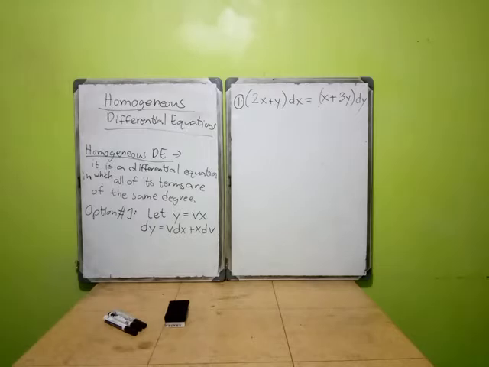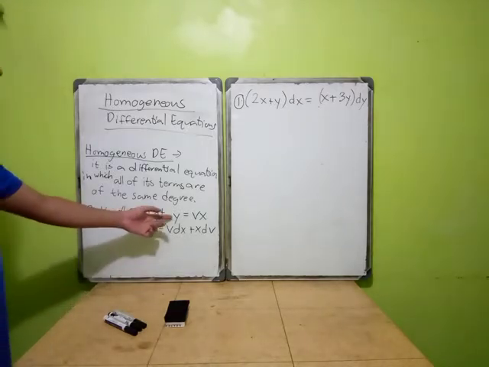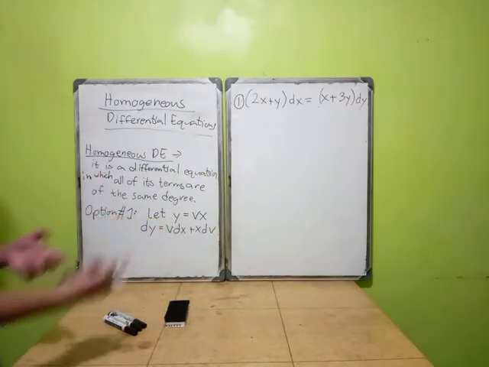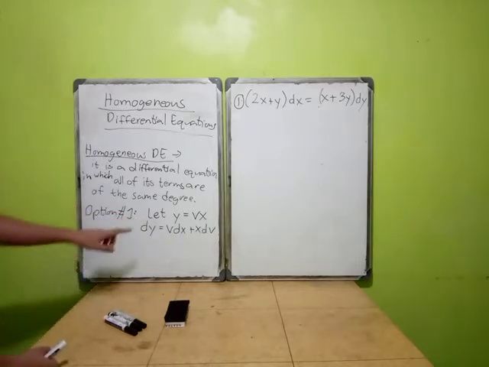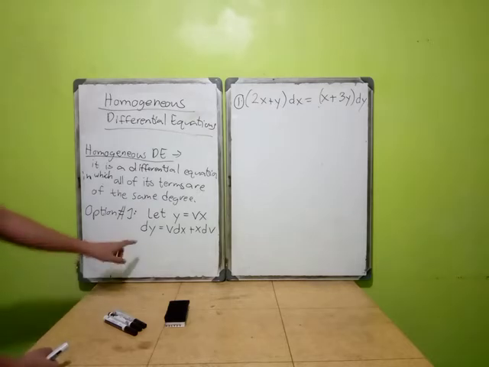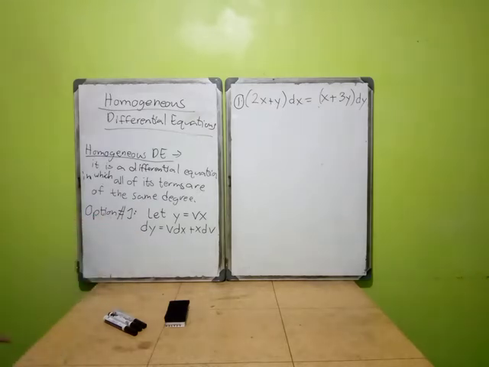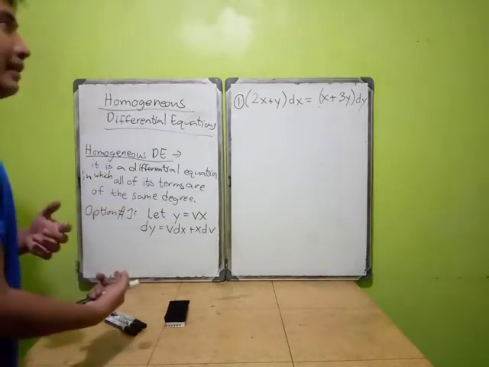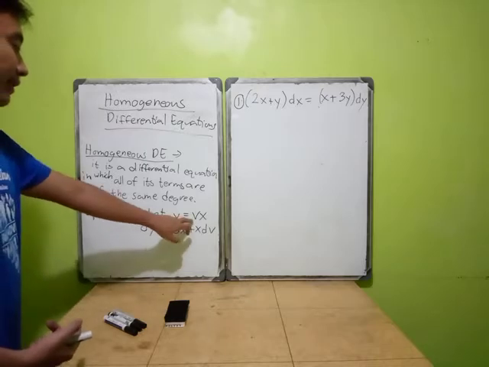Okay? So, paano? Pag nakita natin na sa differential equations, si y yung pinaka less complicated, pwede natin i-apply si option number 1. So, you let y is equal to vx. And then, si dy is equal to v dx plus x dv. Ginawa natin to, ma-replace natin si y kay vx.